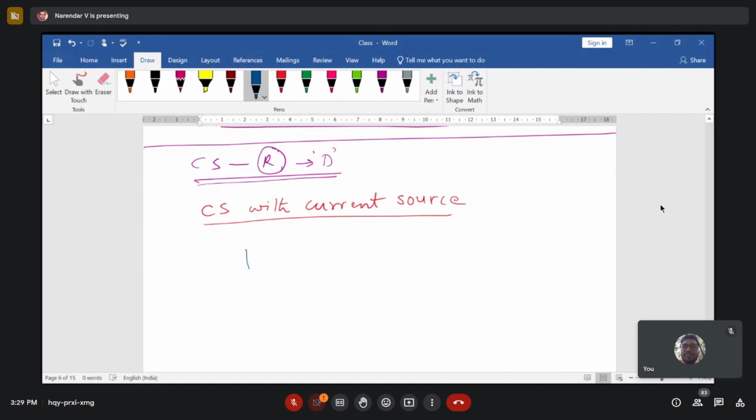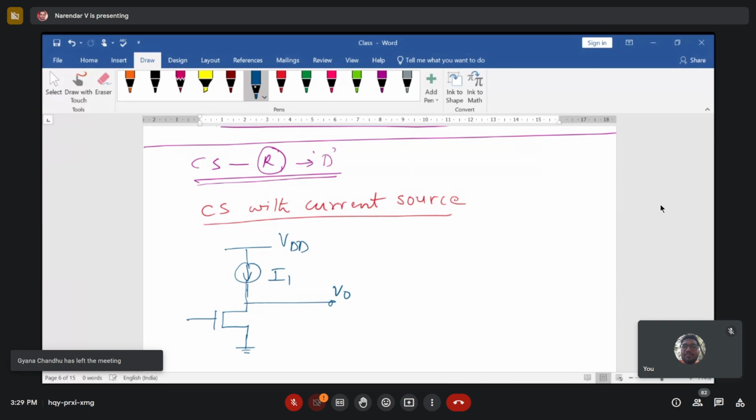First, let me draw this current source, which is connected from VDD to the drain of your MOSFET. This is I1 that I can consider, and this is V0 we are talking about. This is the ground terminal, and this is the M1 transistor.